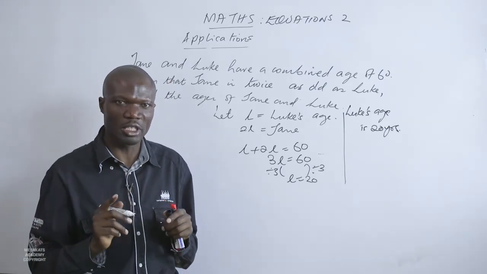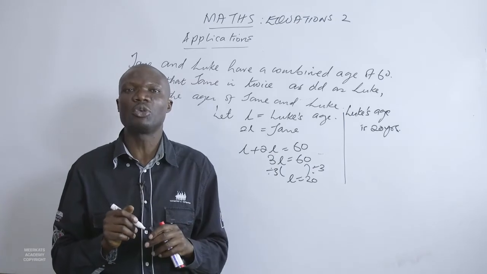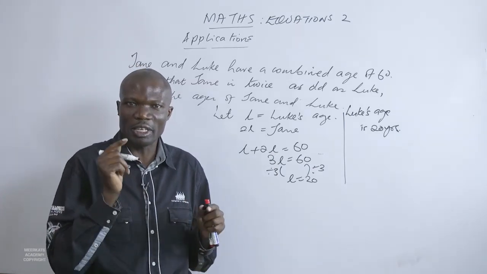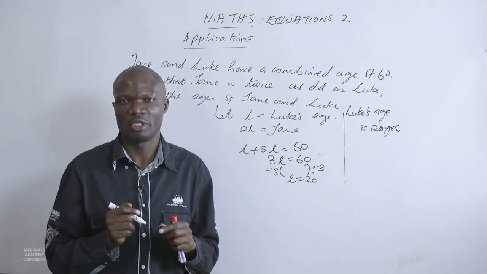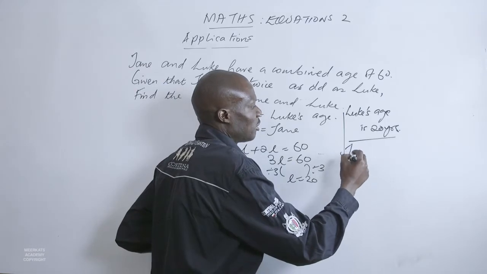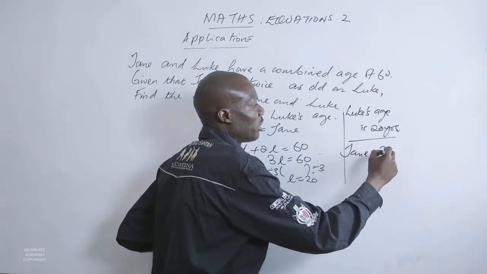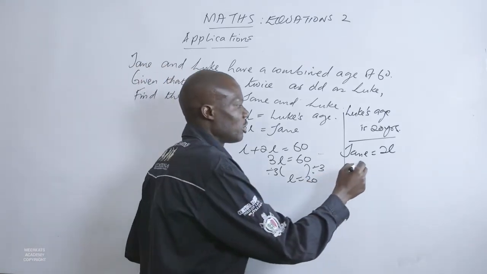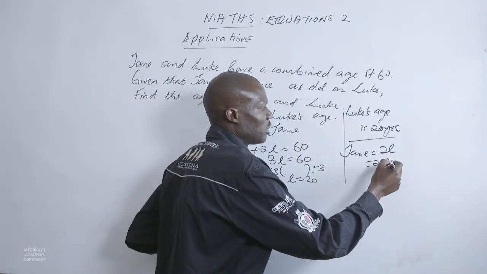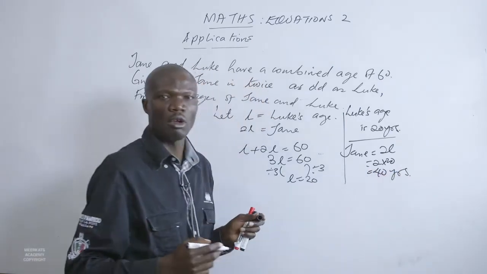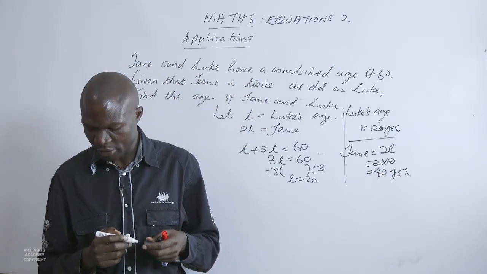If you don't say 20 years and leave it just 20, 20 what? We should be specific. You should specify the units. And then for Jane's age, who was twice as old as Luke, it is 2L, which gives us 2 times 20, which is 40 years.